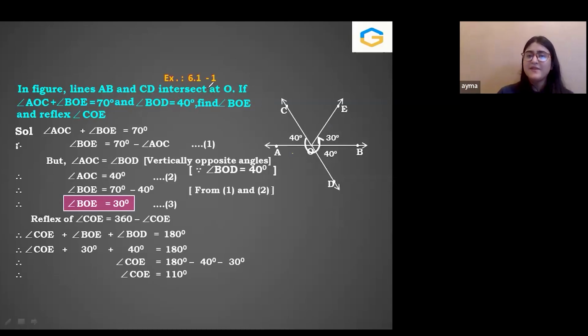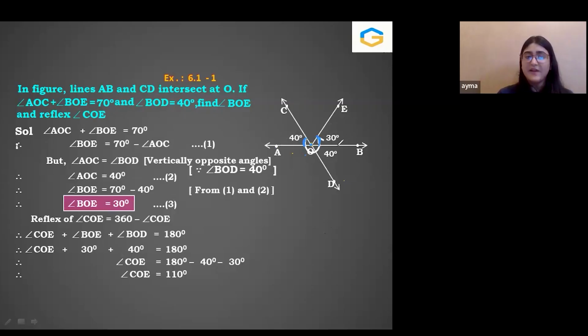A line AB is given and a line CD is given. Do you understand this? I'm going to give a question based on this. And these two lines, they intersect at point O. If angle AOC, that means this angle plus BOE, this angle. समझना angles को, ठीक है?